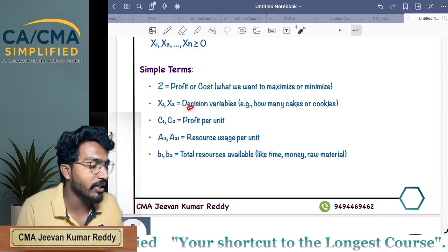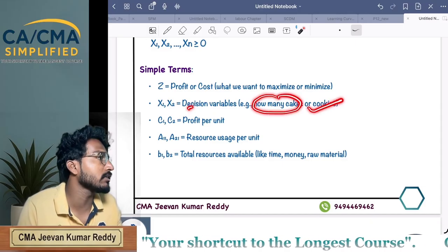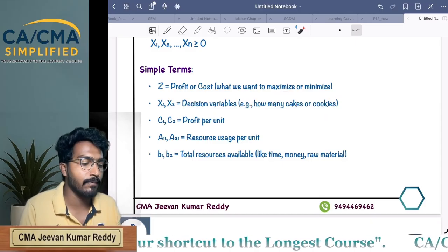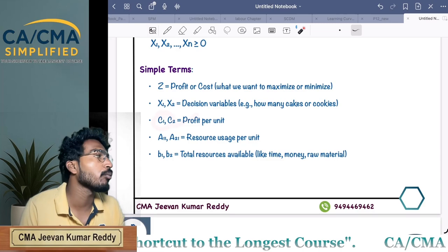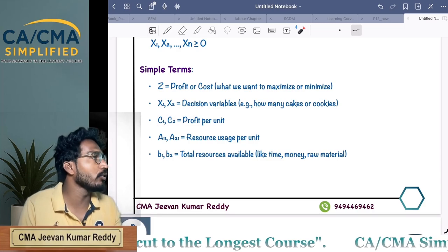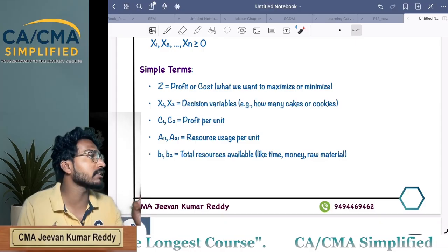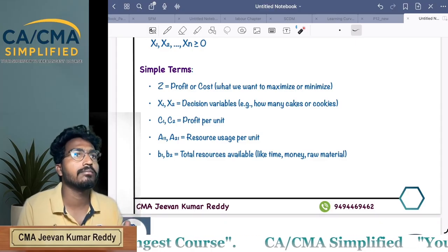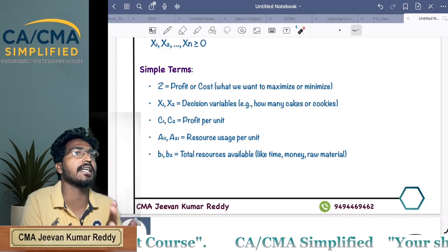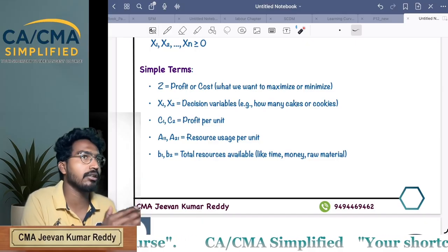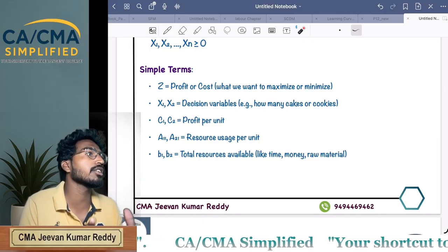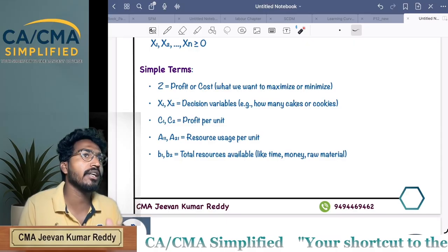Next, what are X1, X2? How many cakes and cookies you need to manufacture. What are C1, C2? Profit per unit. That means if you bake one cake and sell it, how much profit will you get? That is C1. If you bake and sell a cookie, how much will you get for each cookie?